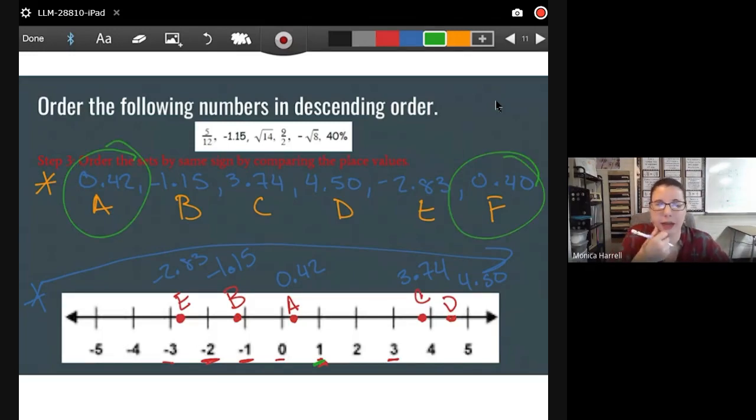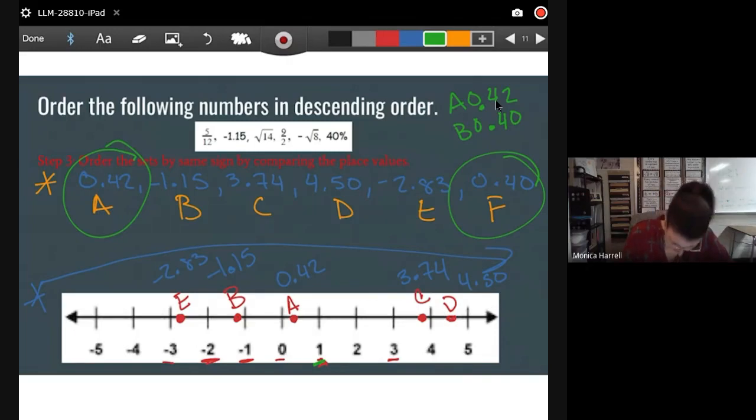So I have to decide if I'm going to compare 42 hundredths, which is A, and 40 hundredths, which is F. Which one is greater? Well, 42 hundredths is greater. So my point F needs to be just to the left of point A, and that's going to be F, and F is 0.40.